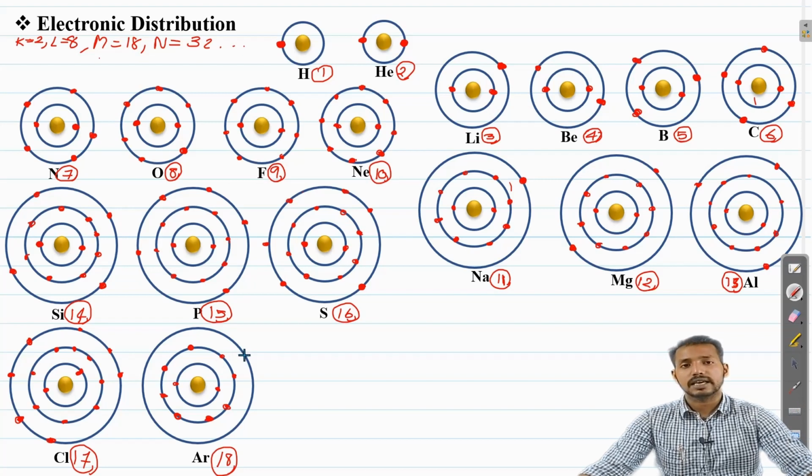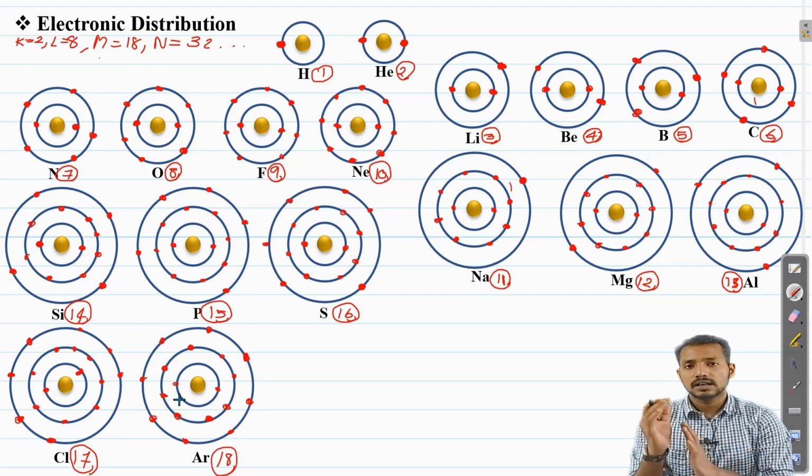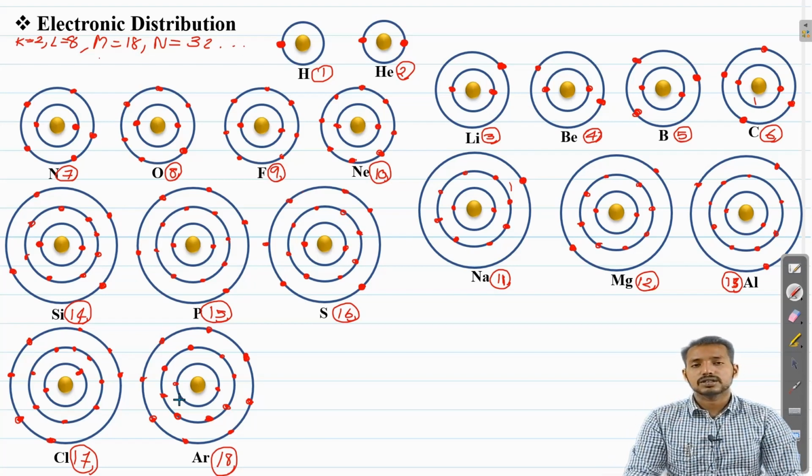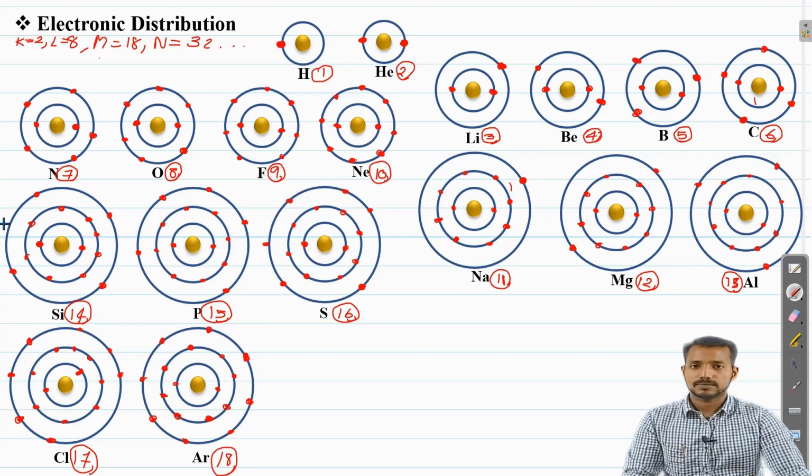Again 10 plus 8 is equal to 18. So 8 more electrons will be there in the outermost, that is in the third orbit. 1, 2, 3, 4, 5, 6, 7, 8.